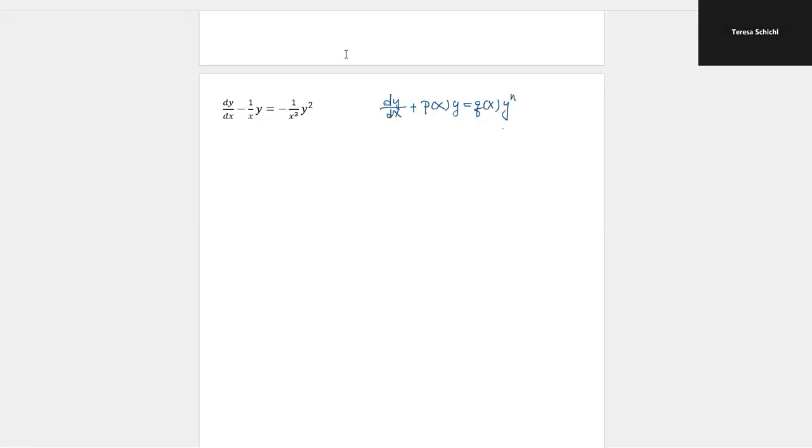If my differential equation satisfies the Bernoulli equation, then I can use the integration factor and those things to solve it.